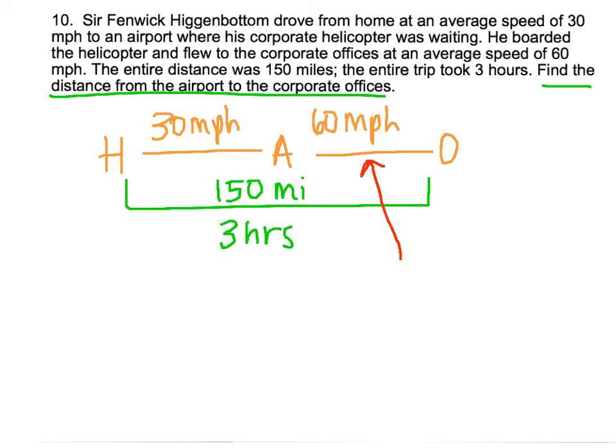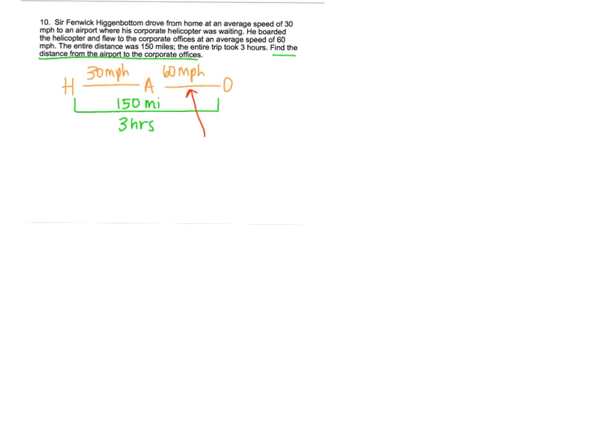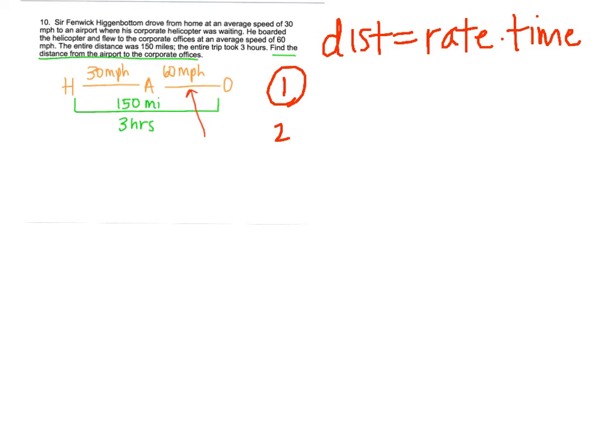We're going to use again the similar strategy to number 9 to figure that out. So again, if I slide this out of the way, we're still going to use distance equals rate times time. We'll have part 1 and part 2. First part of the trip, the distance we're not sure of.